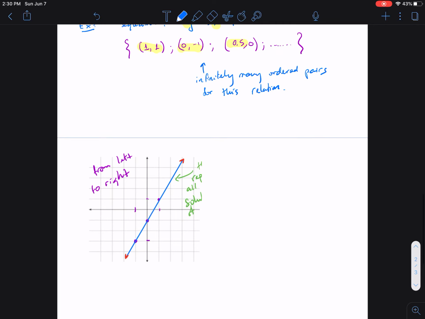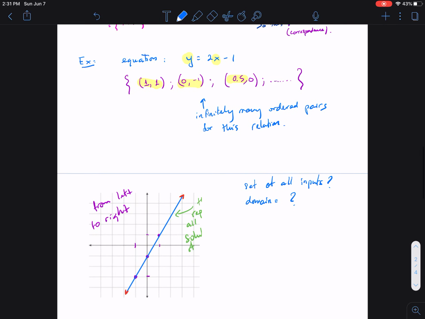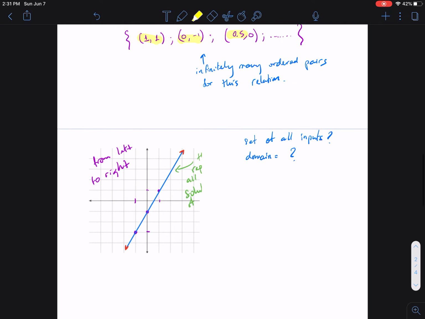Well, what would be the set of all inputs? Meaning, what is the domain? In other words, can we find all the possible values of x that we can plug into this equation? If this is how the graph looks, it extends this way indefinitely and this way indefinitely.